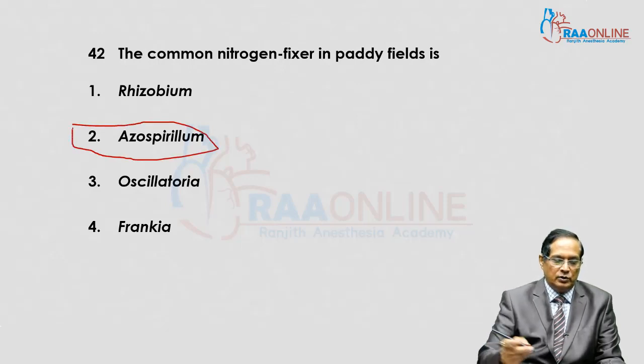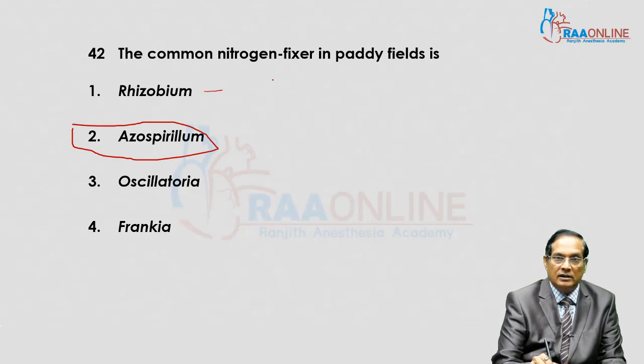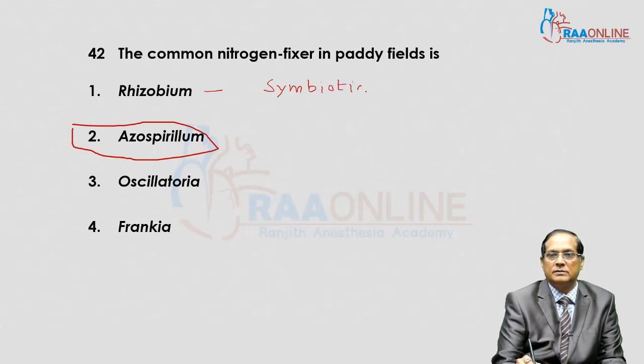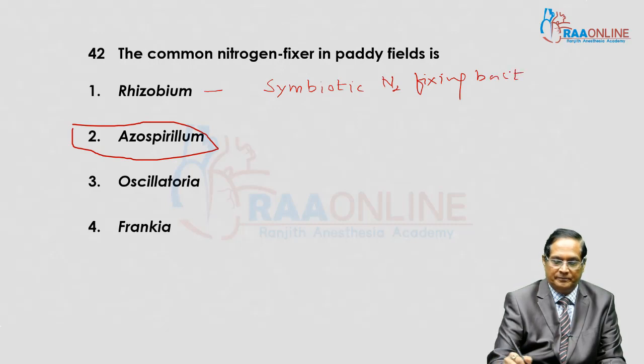Rhizobium is a symbiotic nitrogen fixing bacterium found in root nodules of legumes.